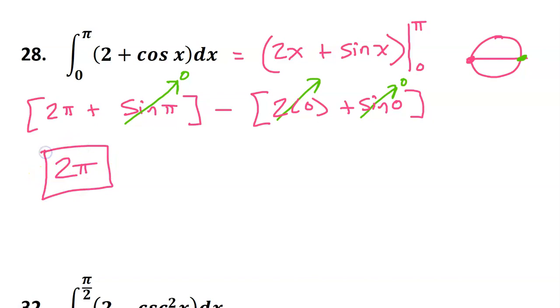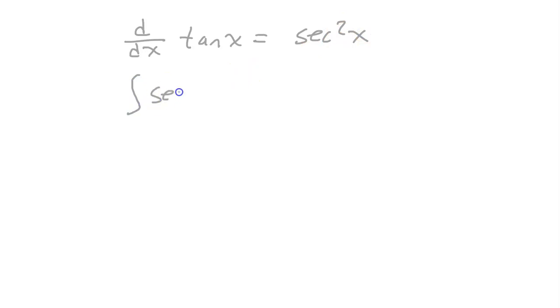For this last problem, we need to do a little side lesson. Remember that the derivative of tangent is secant squared. And therefore, the integral of secant squared is going to be tangent.